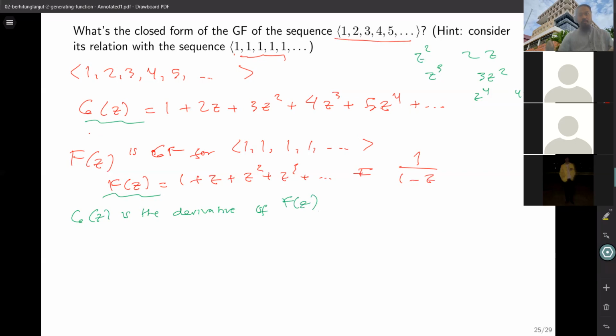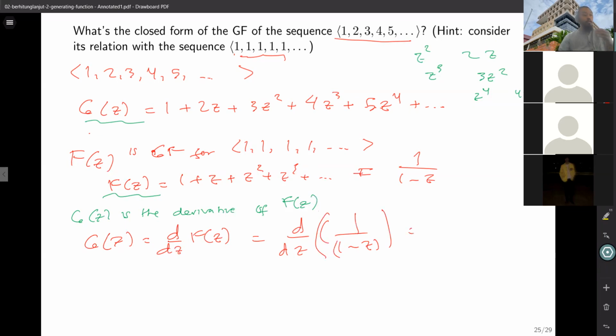So G(z) is the derivative of F(z). Therefore, what is the derivative of F(z)? Can you guess? This is the derivative of 1 minus z to the power of minus 1, correct?